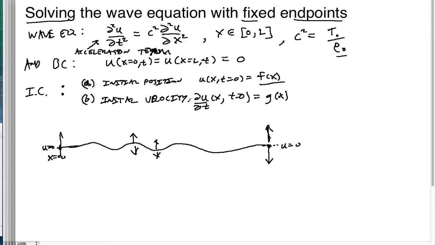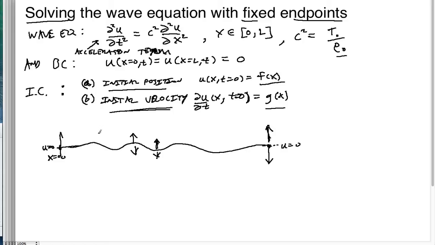The string could have some velocity as well as a distorted position when we start out, and that can lead to motion of the string. So both pieces of data are important. If we have a second order ODE involving an acceleration, we need both an initial position and an initial velocity. We'll call those f of x and g of x.